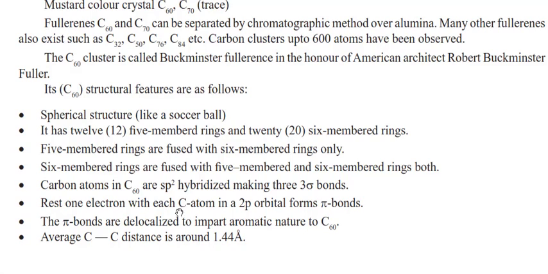The remaining electron in each carbon's 2p orbital forms pi bonds, which are delocalized over the whole C60, and the average bond distance is 1.44 angstrom.